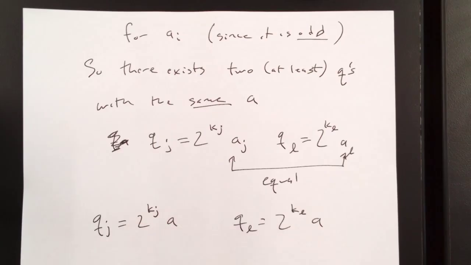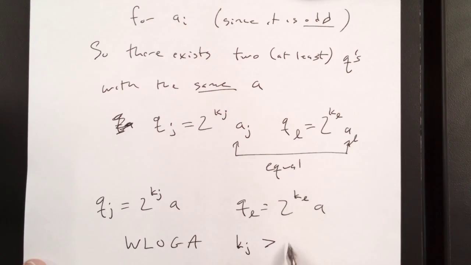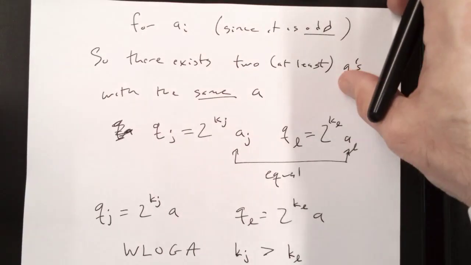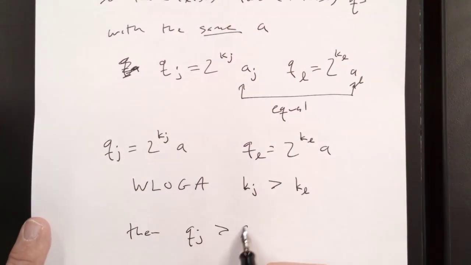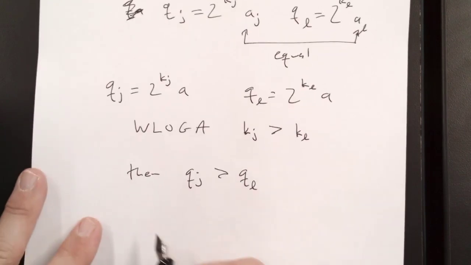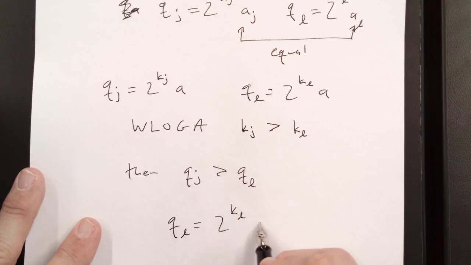Without loss of generality, which one do you want to be bigger, j or l? Okay. Without loss of generality, assume k_j is bigger than k_l. Then q_j is bigger than q_l. q_l is 2 to the k_l times a.